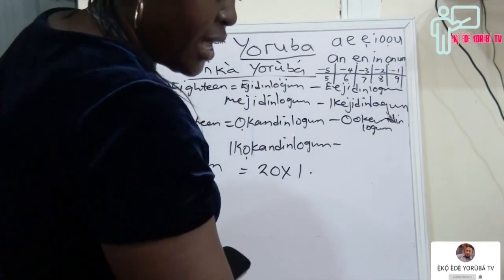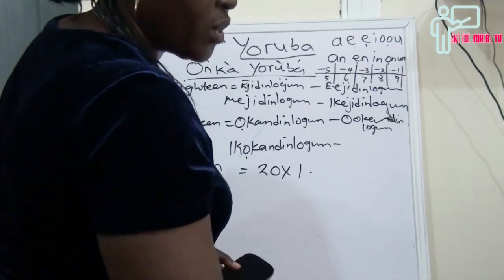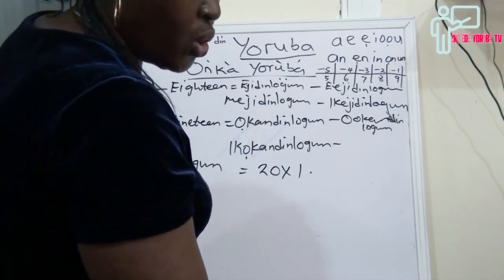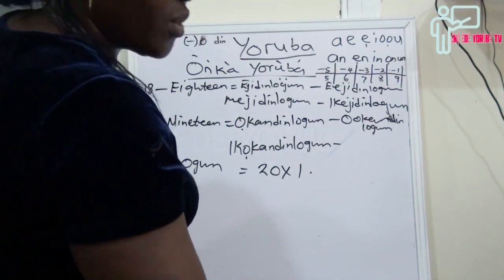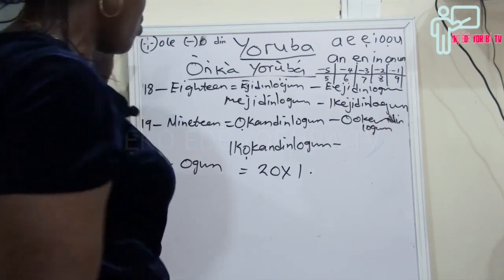So that is from 1 to 20. So we now go further with 21.